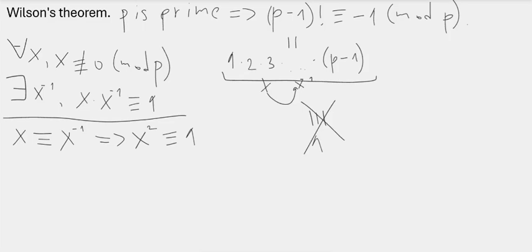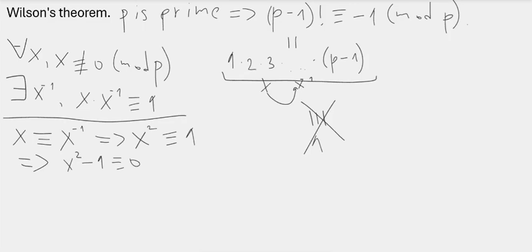Then we can move 1 from the right hand side to the left hand side. It follows from this that x squared minus 1 is congruent to 0. Now congruency to 0 is the same as divisibility by p. If a number is congruent to 0 modulo p, it is divisible by p. So x squared minus 1 is divisible by p.